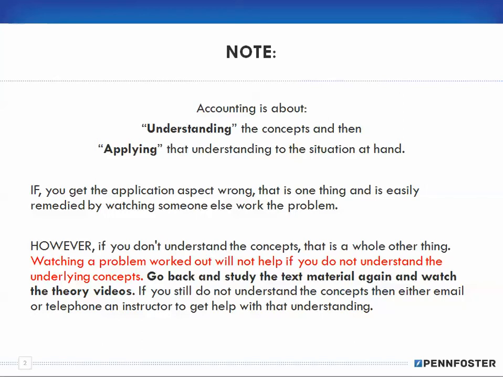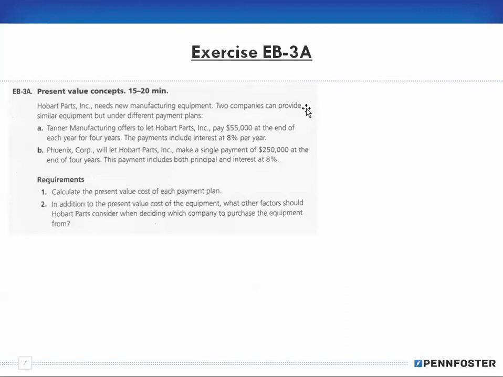And so, like I said, in this video, we are working on the exercise for EB-3A. On another slide, I actually have the tables that we need, so I'm going to bounce up to those tables when appropriate. All right, so it says here, Hobart needs new manufacturing equipment. 2 companies can provide similar equipment, but under different payment plans.